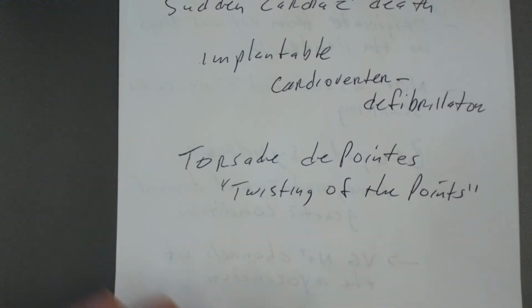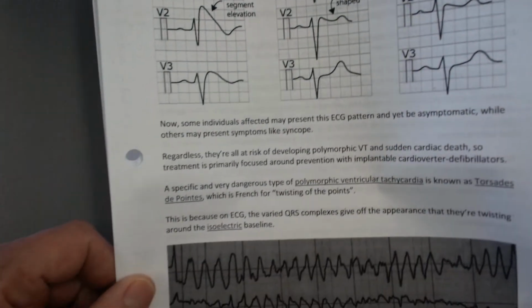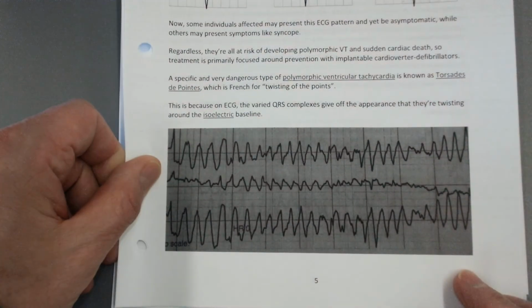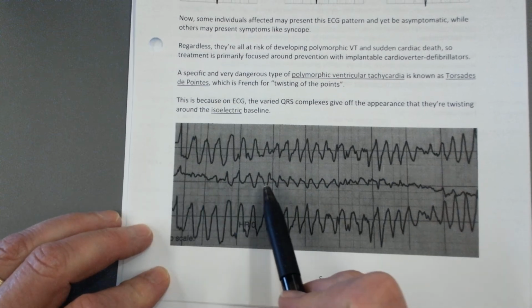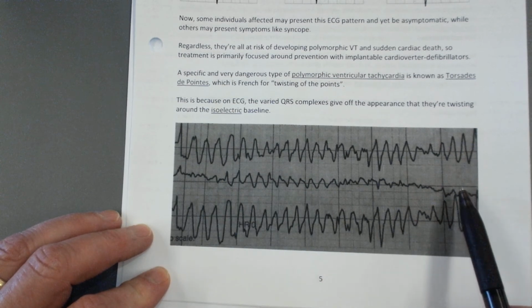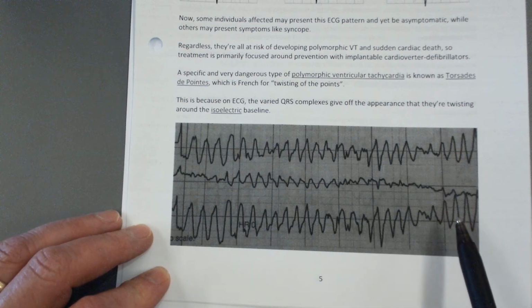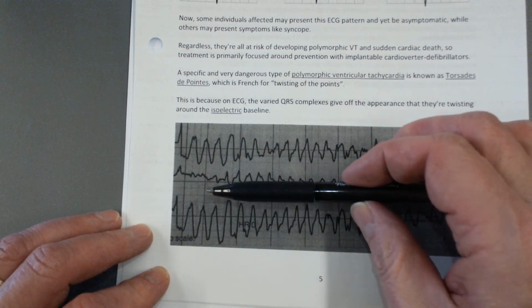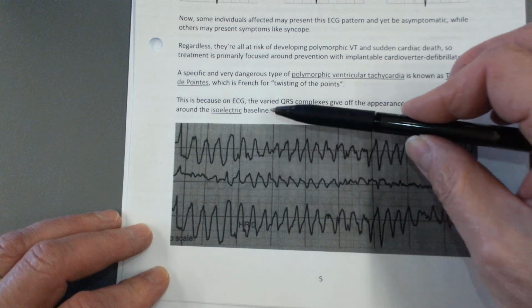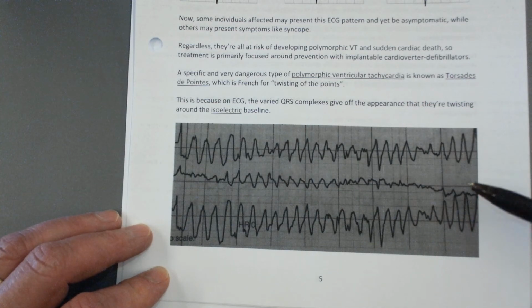And it simply means that the QRS complexes look like they're twisted about the isoelectric baseline. So if this line here, or this line here, or that line there, happen to be our isoelectric baselines, the QRS complexes just twist about them.